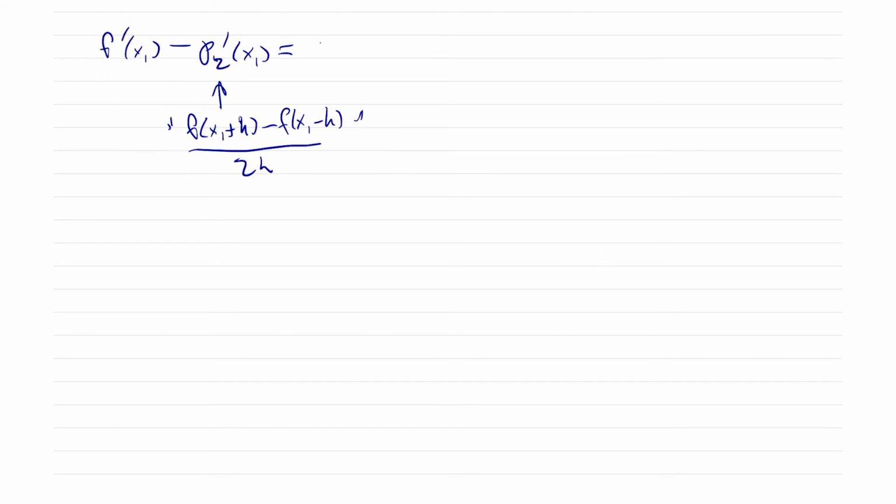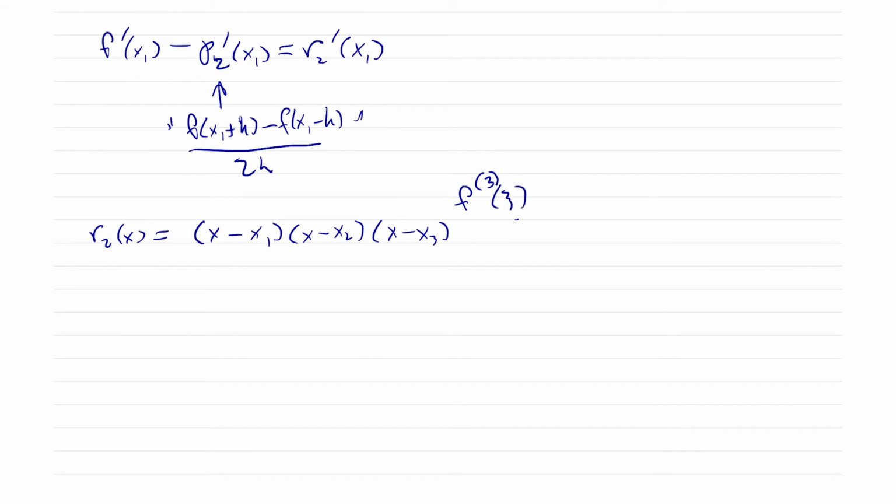And we're going to be left with some sort of remainder formula here. So what is this? Well, we were talking about it before, and R2 of x should be equal to (x - x1)(x - x2)(x - x3) times f to the third derivative at xc, divided by 3 factorial.